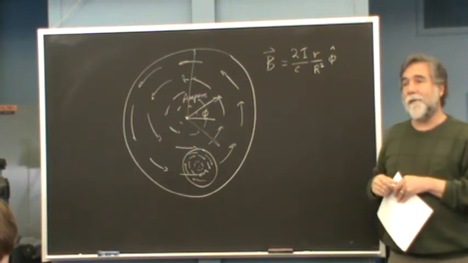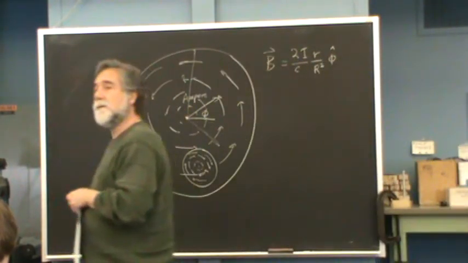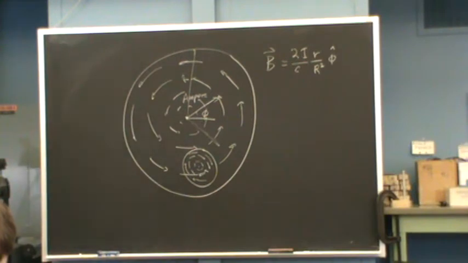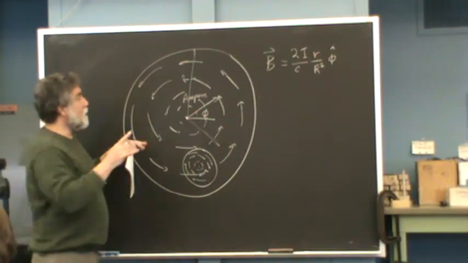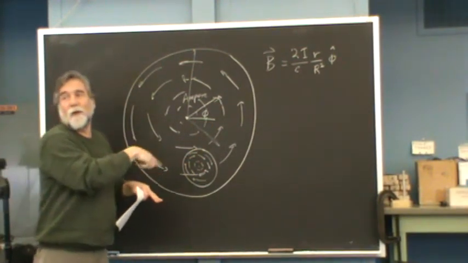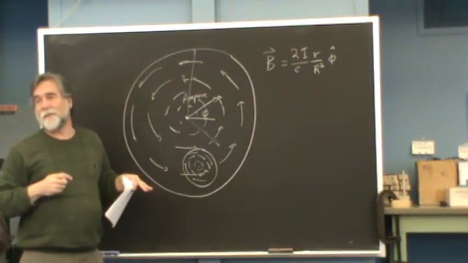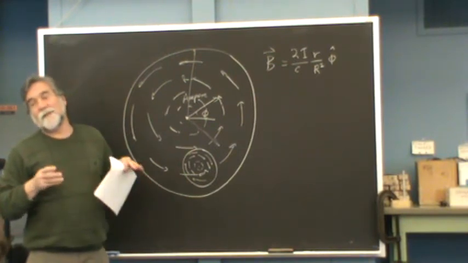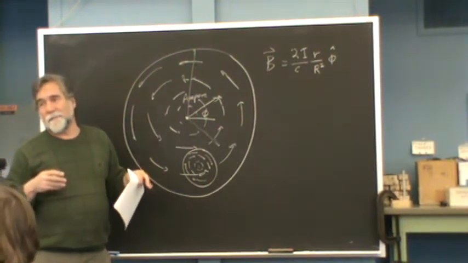That's for a current density of I over pi R squared. You have to make some correction for a current of I flowing into an area that's somewhat less than pi capital R squared. So your current density is going to be a little bit different.